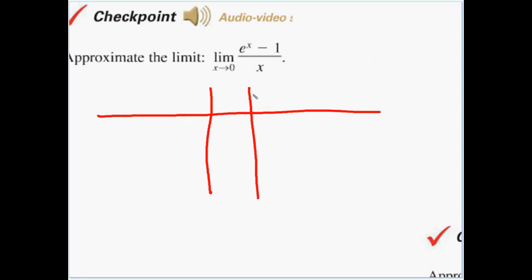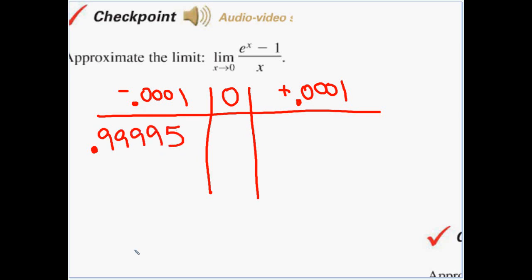In this case, again, I would just do a quick table. Numbers really close to 0, negative 0.0001, positive 0.0001. And if I plug in that negative decimal, my output is 0.99995. On the other side of 0, I get a positive 1.0001.